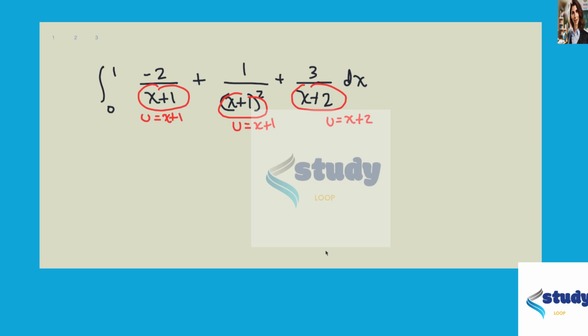So when we go ahead and integrate these, for the first one, we have negative 2 natural log absolute value of x plus 1. Then using the power rule, we have negative 1 over x plus 1. And then plus 3 natural log absolute value of x plus 2. And our endpoints, 0 and 1, still.